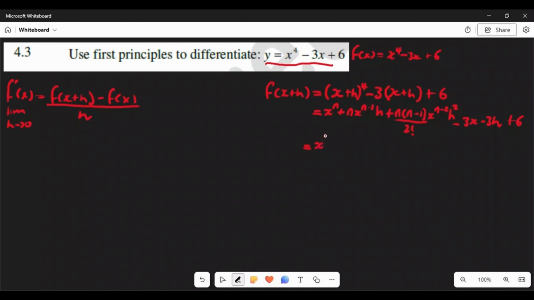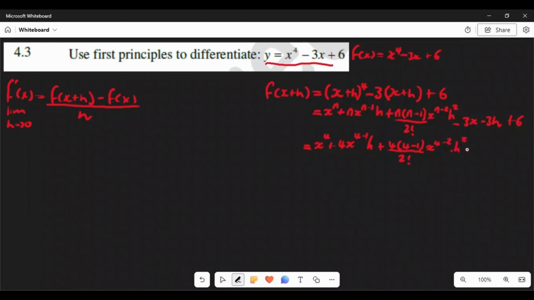So we have x to the power of 4, the n that I'm talking about here, plus, now here you have 4, and then you have x to the power of 4 minus 1. Don't forget, multiply by h, plus, now this time around you're gonna have 4 multiplied by 4 minus 1 divided by 2 factorial, then multiply by x to the power of 4 minus 2 multiply by h squared.